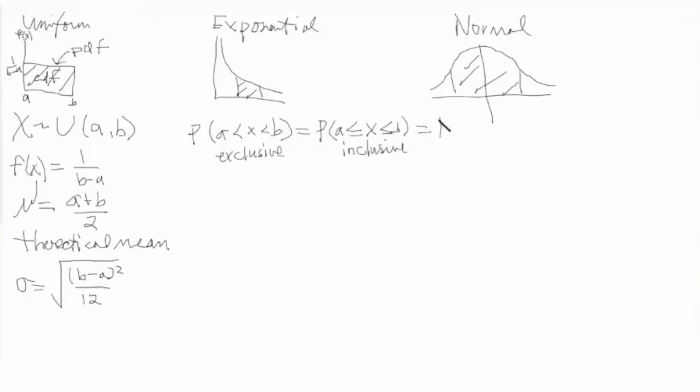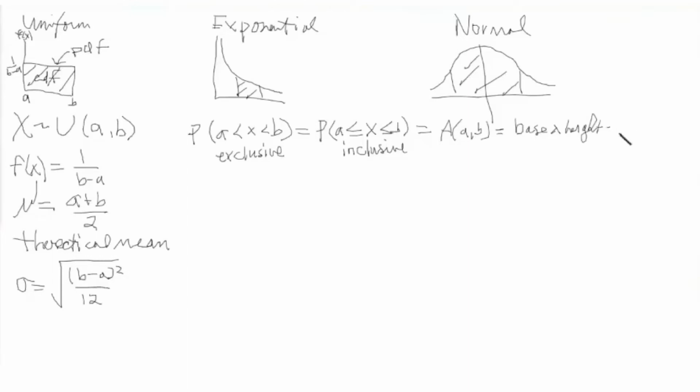And the probability is found is equal to the area of points a to b, and that's just going to be the base times the height, because we have a rectangle.